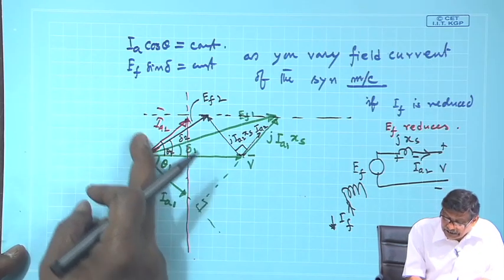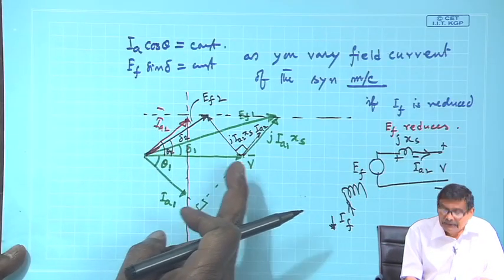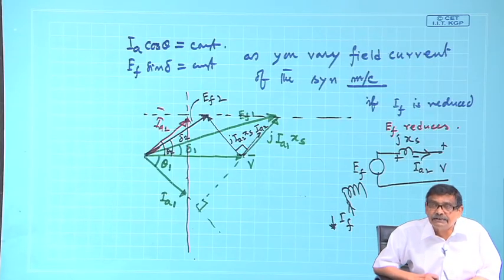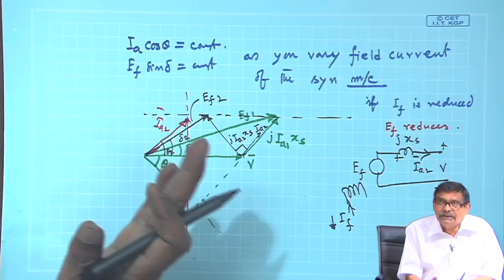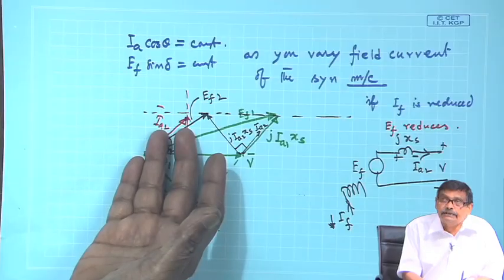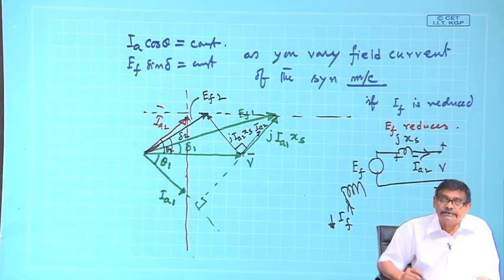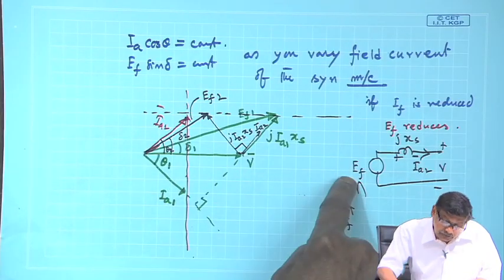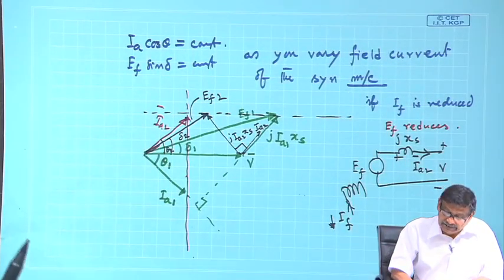And when you go leading, you see the length of E_f has become less than the length of V, indicating that it is under excitation. So, if you under excite the machine in synchronous generator operation, the power factor may become leading. In fact, you can find an excitation such that the generator will deliver the same amount of power at unity power factor.